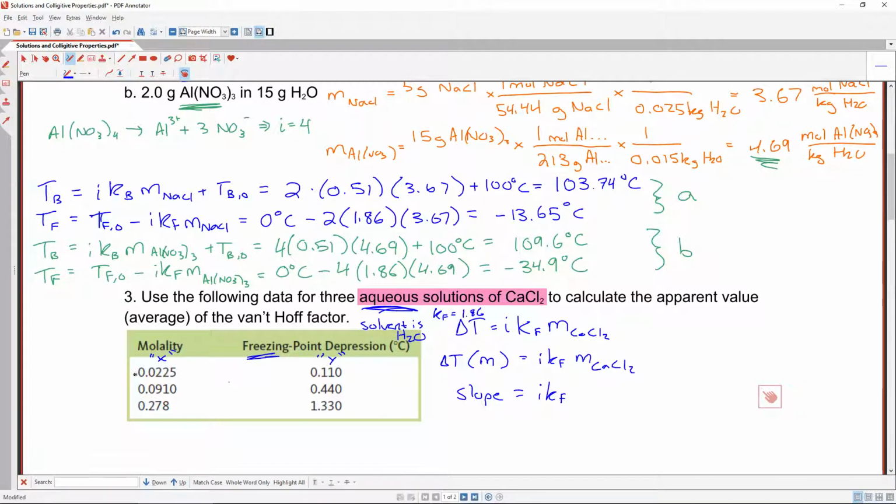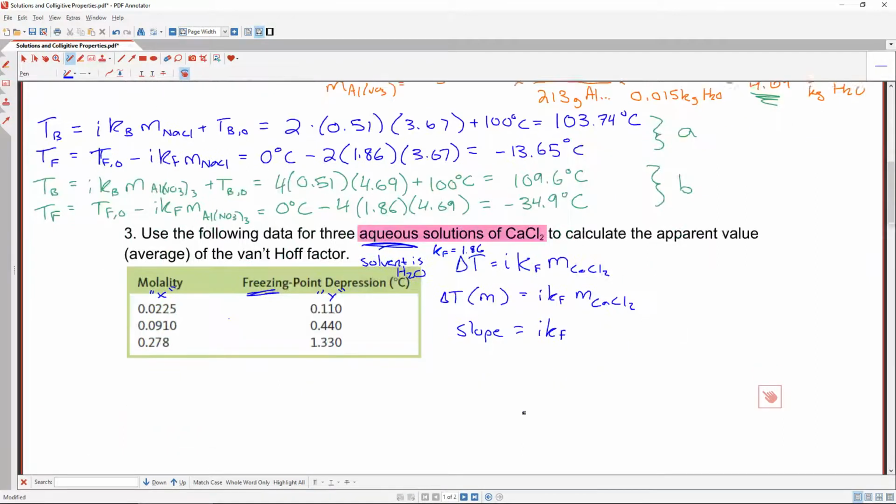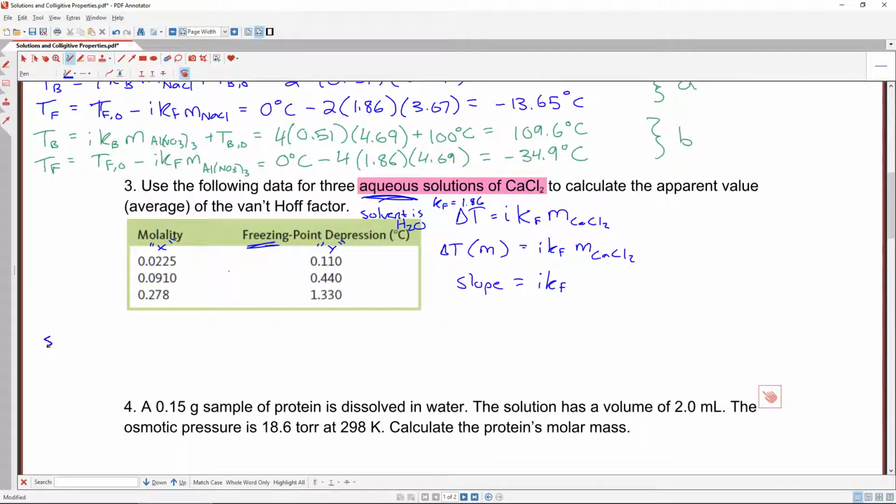So we're going to calculate the slope. Remember, slope is y2 minus y1 over x2 minus x1, so we need 2 points. This is a point, and this is a point. We take those 2 points and perform this operation.